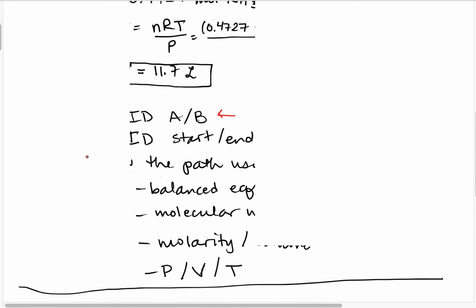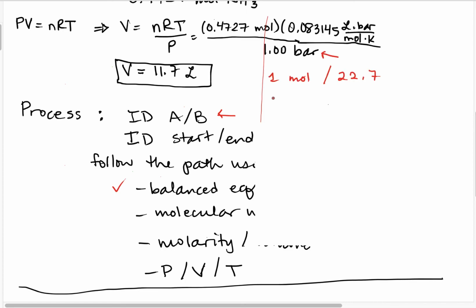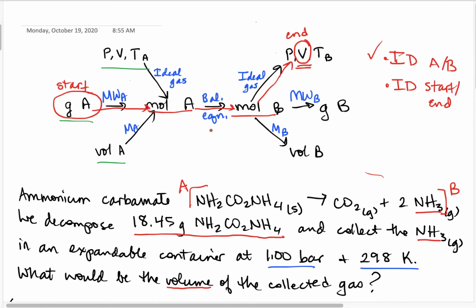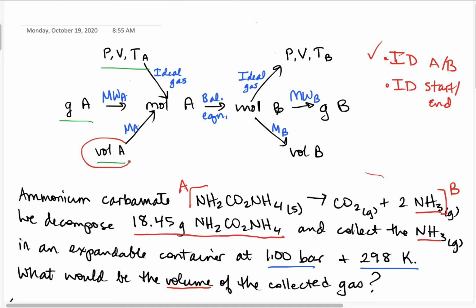So on our diagram, if I can get it to show up, there we go. In our new scenario here, we are starting here with volume and molarity of our lithium hydroxide, and we are going to end up with volume.